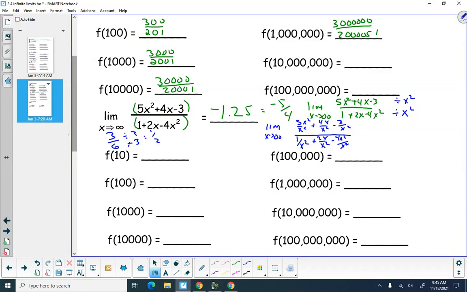Divided everything through by x squared. So what we are now left with is the limit as x approaches infinity. If I reduce my fraction down, I have 5 plus 4 over x minus 3 over x squared. Now on the bottom, we're left with 1 over x squared plus 2 over x minus 4.